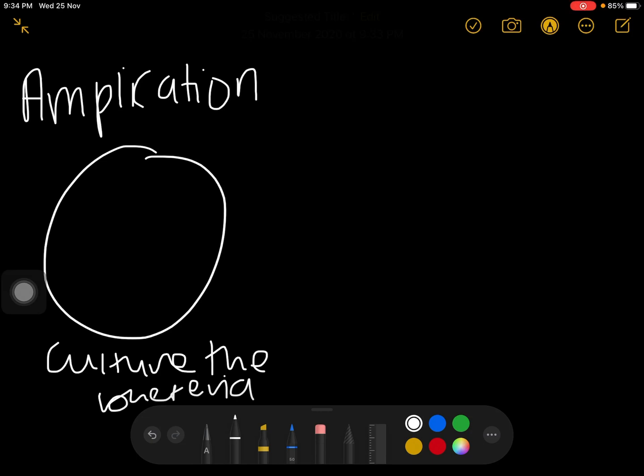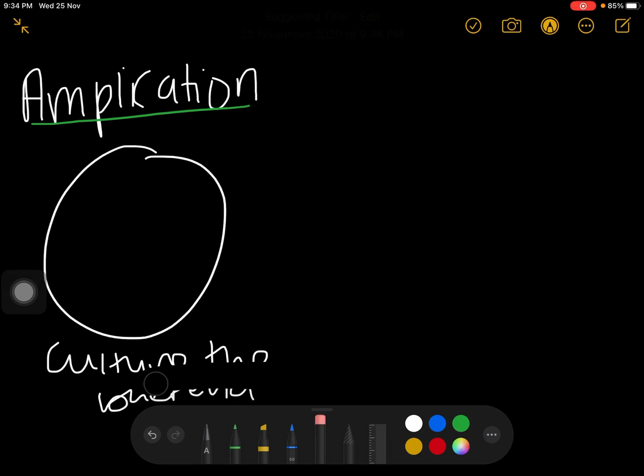This technique is called amplification, to make multiplied copies of the target gene. The agar plate will be incubated until the colonies grow. Only cells that took up plasmid, which has the ampicillin gene, will reproduce and form a colony.